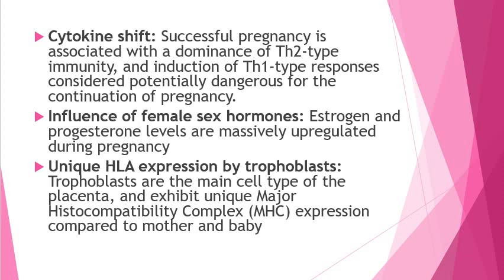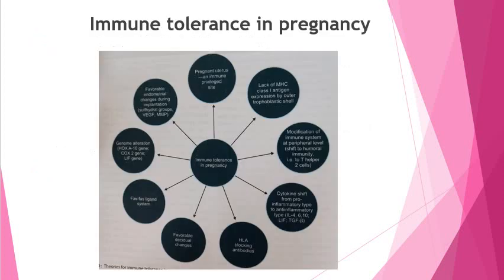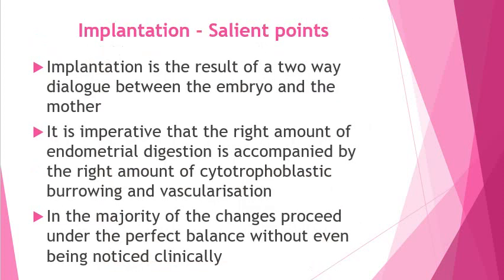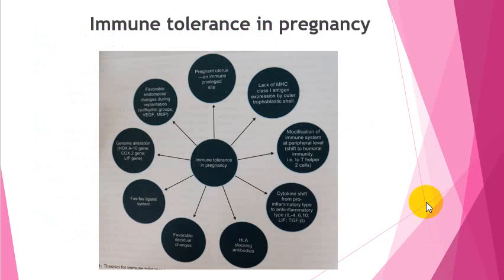The major histocompatibility complex class 2 molecules are not expressed by trophoblast, while HLA of the major histocompatibility complex type 1 are expressed by trophoblast and have functions including control of depth of trophoblast invasion and binding of natural killer cell receptors. So these are the various factors which are responsible for immune tolerance.